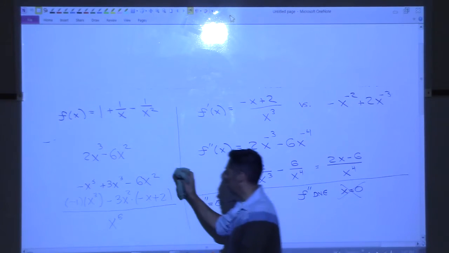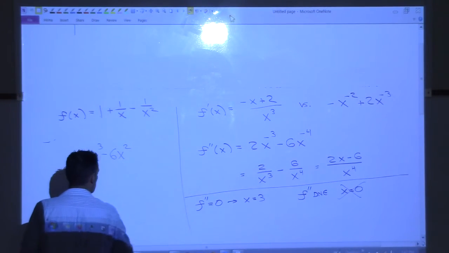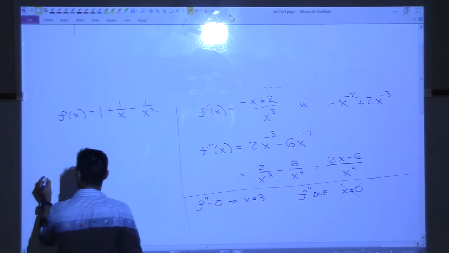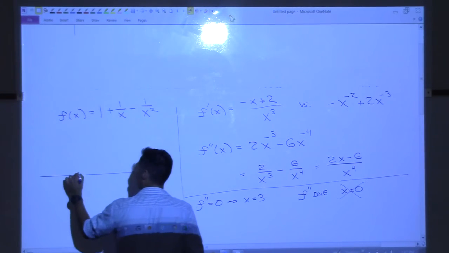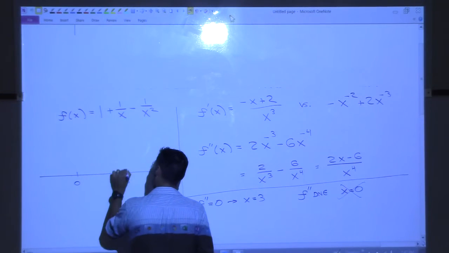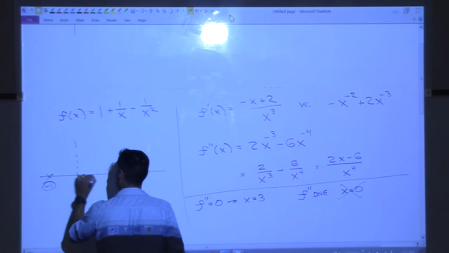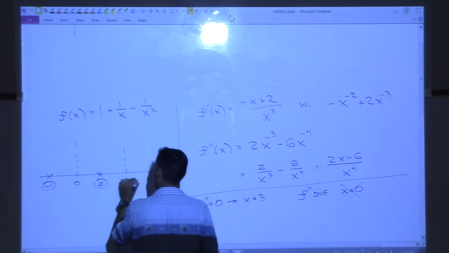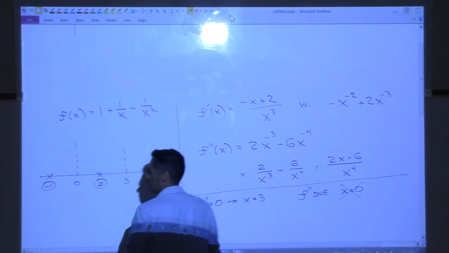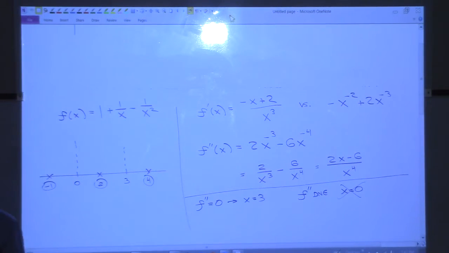We draw a number line. What goes on our number line? 0 and 3. We pick test points: negative 1, let's go with 2 and 4. And where are those points getting plugged in?